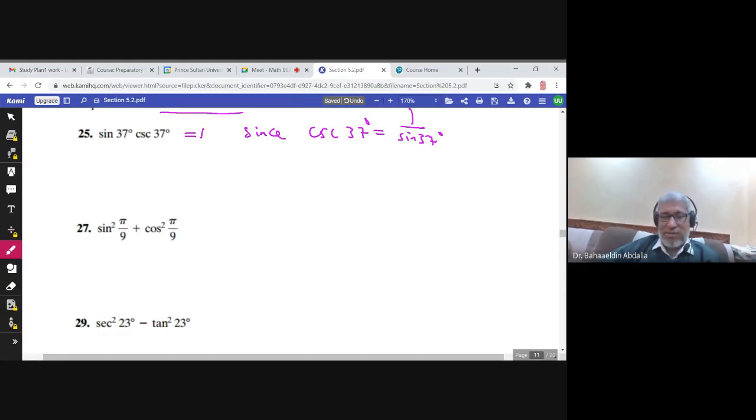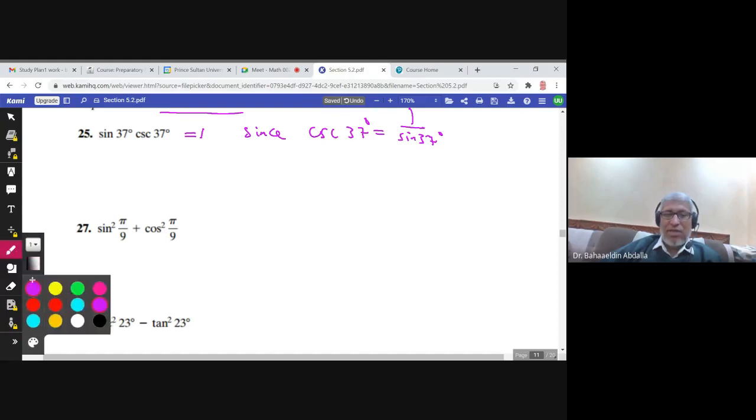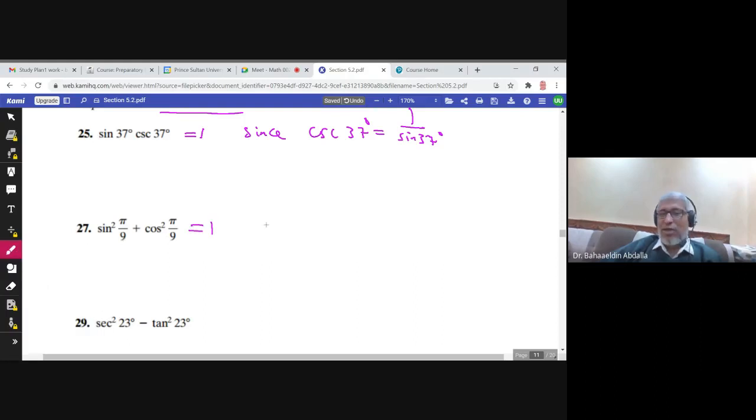Sine square theta plus cosine square theta, this is just 1. Why? Because sine square theta plus cosine square theta is 1. So sine square of any angle plus cosine square of the same angle will be 1.